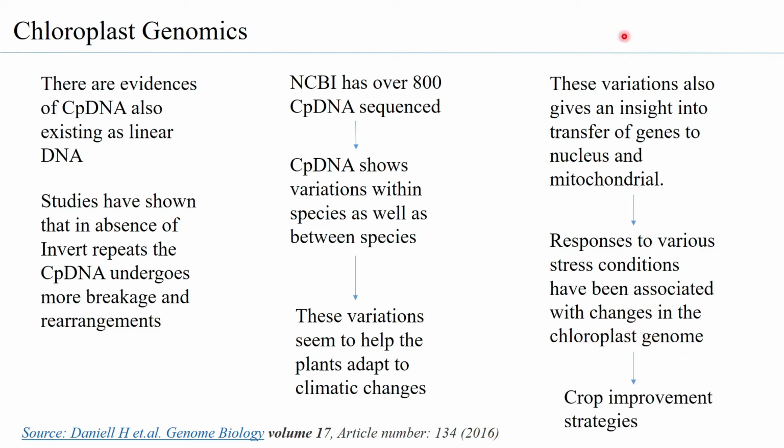Therefore, having understood these variations, one could use these known variations as a means of improving crops. So one can bring in those changes in the chloroplast genome to get a better crop. That is something that has been taken up by many scientists across the world, to use chloroplast DNA as a means to improve crops.